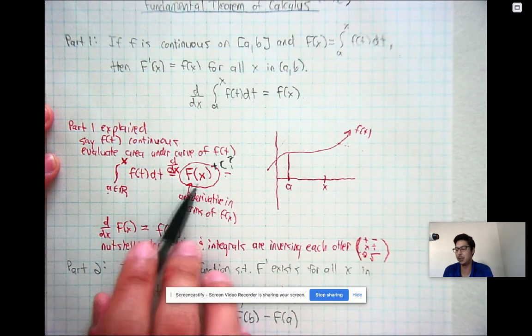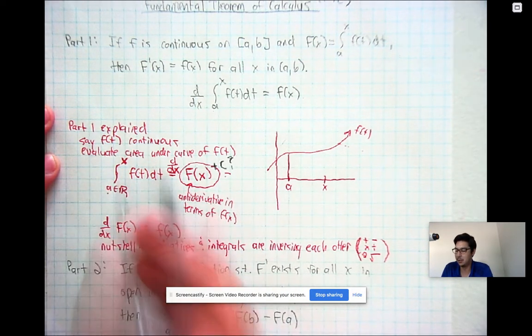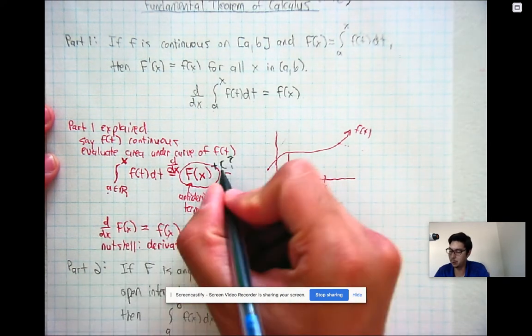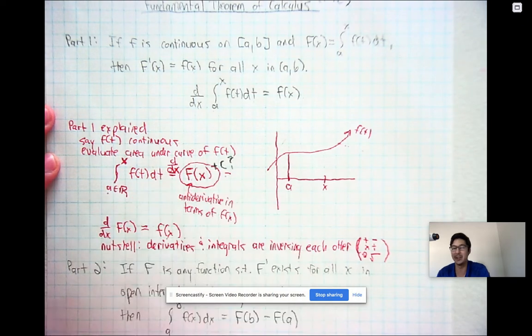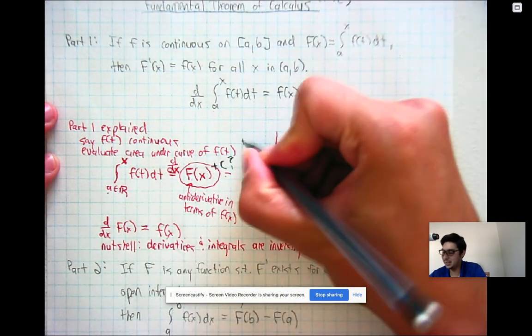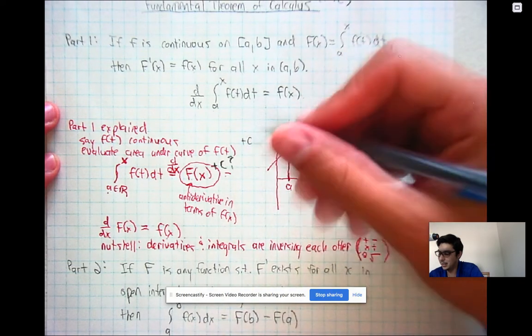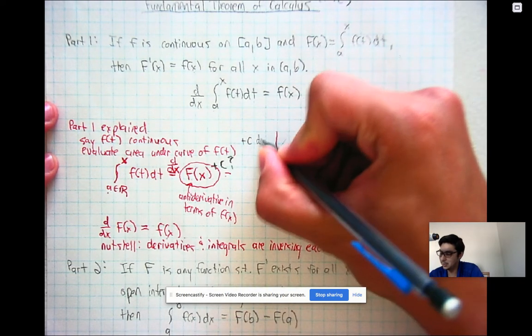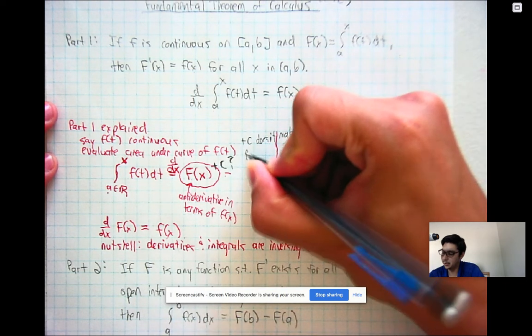This antiderivative is unique in the sense that it's relating to this function here, and the reason there's no plus c is because this antiderivative relates to this problem, which is area under the curve. A plus c, a vertical shift, or an extra value, doesn't make sense for area under the curve.